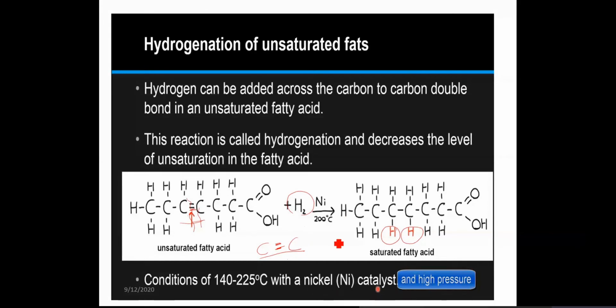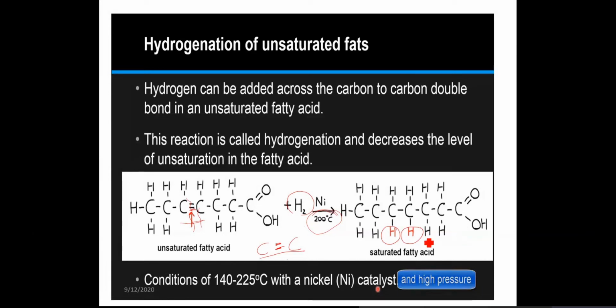Because this process is conducted at very high temperature and high pressure, usually in the industry you are not allowed to enter the place where hydrogenation takes place, as a lot of hazard and safety rules are followed.